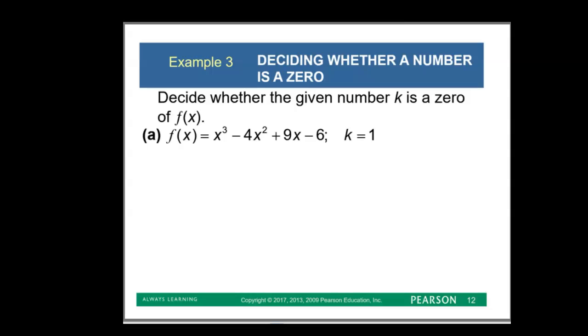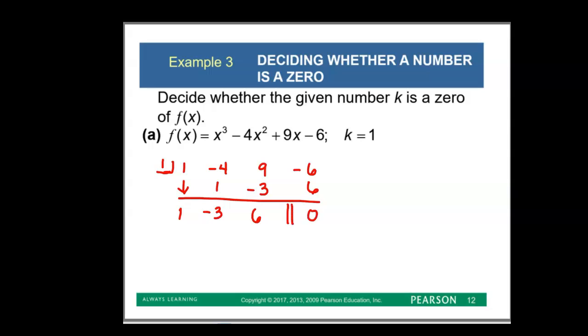So applying what we just talked about to this problem, we are asked to decide whether the given number k is a 0. Remember, we can divide synthetically here, so we divide 1. We write down the coefficients of our polynomial along the top row, and now we divide synthetically. So we're going to bring down our first term, and then we begin our sequence of multiplying and adding.